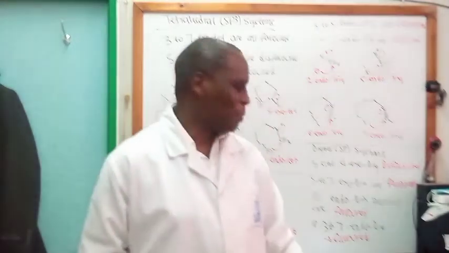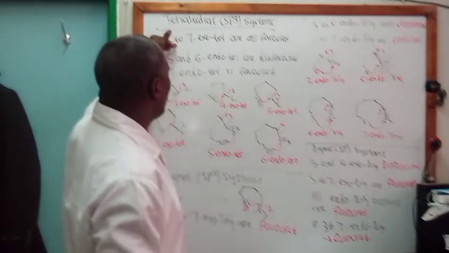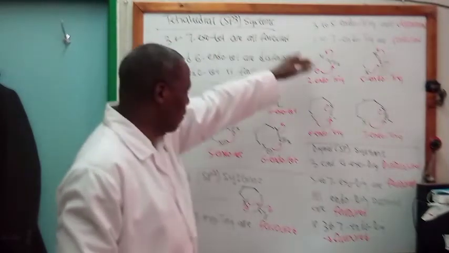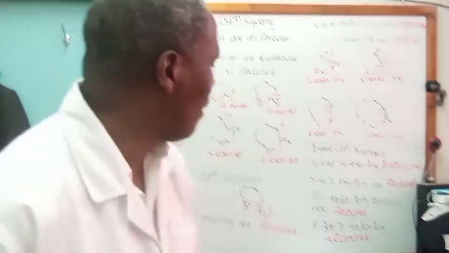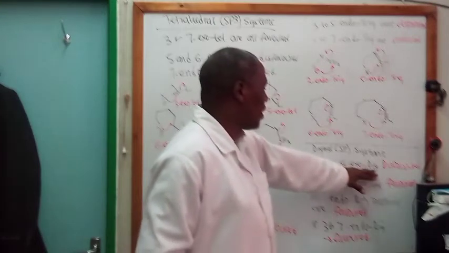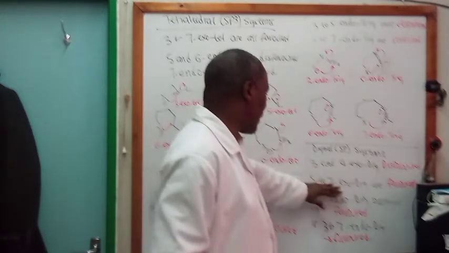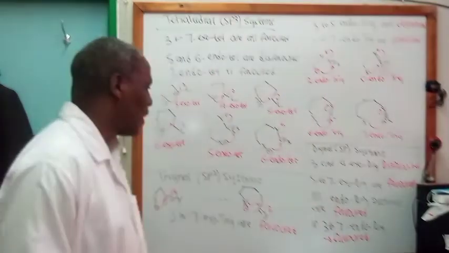It is easy to remember. 3 to 7, they are favored. In this case, for the EXO 3 to 7, they are favored. In this case, 3 to 7 endo dig, they are favored. But for the EXO, you're going to see 3 and 4 EXO dig are going to be disfavored, and then 5 to 7 are going to be favored.